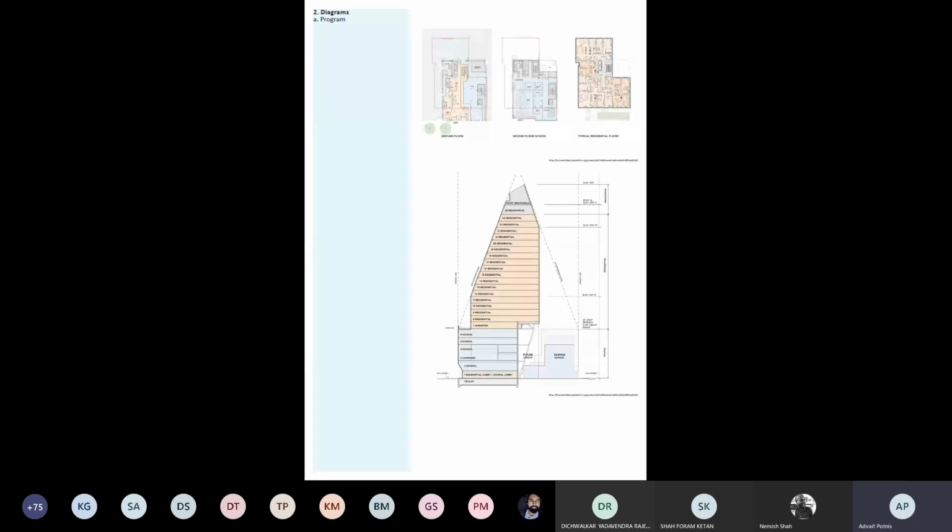That can be through a module, through the entire plan, or through a section, whatever is relevant. This is just a reference. Based on your project, you need to choose how to show that. We are not giving you an axo, because axo is difficult to construct, so you can show it in two-dimensional form.